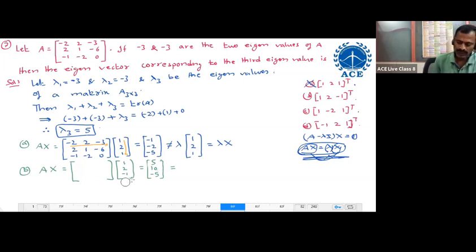Now check whether these two are the same or proportional. If proportional, we can express one in terms of the other, so the equation will be satisfied. Here 5 is common: 5 into 1, 2, minus 1. This is the same as lambda x. The equation is satisfied with option B. Therefore, B is the correct answer.